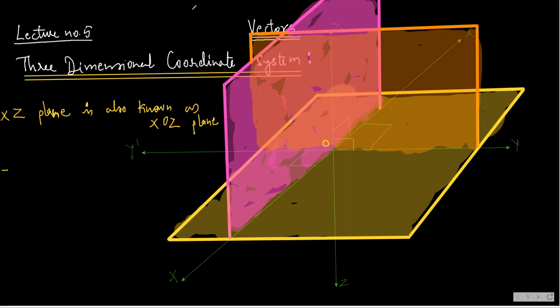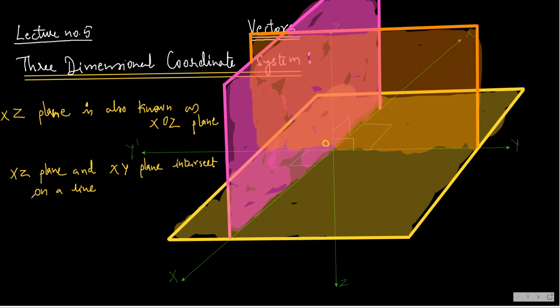What I want to tell you is that the XZ plane and the XY plane, these two planes intersect each other on a line. And what is that line? The x-axis.